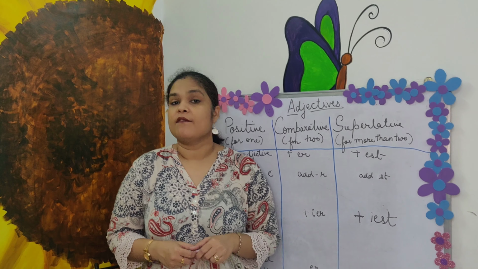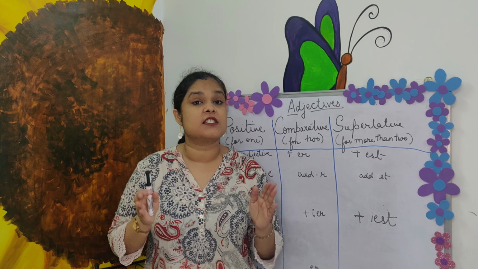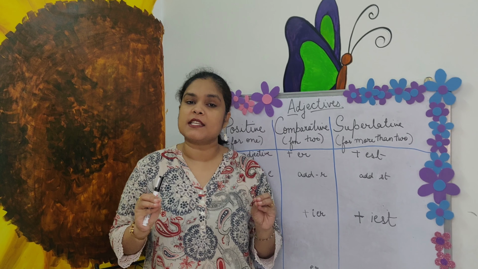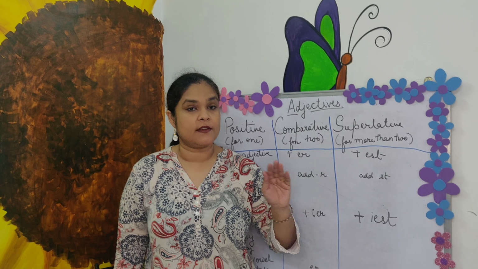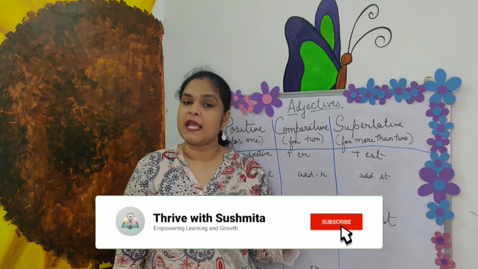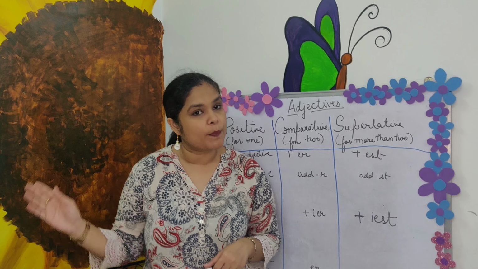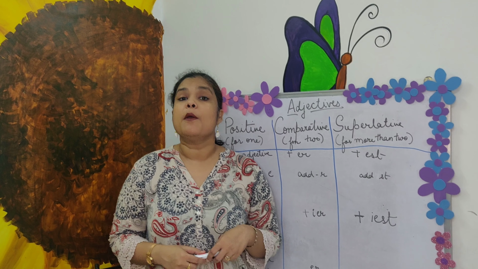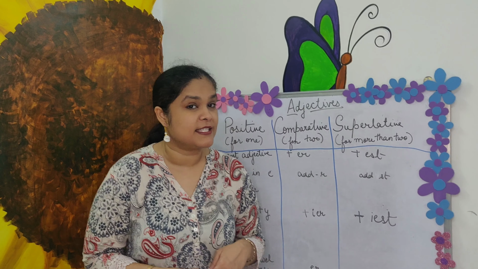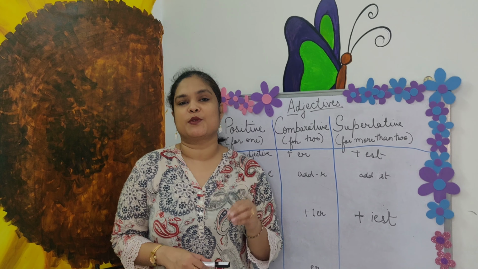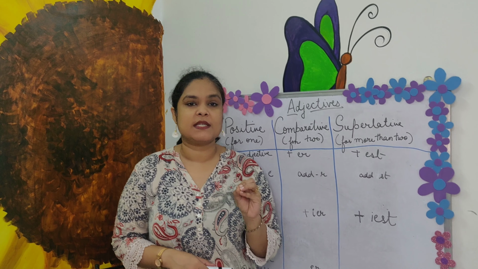In that case, we cannot change the positive form of the adjective. So, we just add more along with the adjective to make it the comparative degree and most with the adjective to make it the superlative degree. For example, beautiful became more beautiful in its comparative form and most beautiful in its superlative form. These were the rules that we discussed.